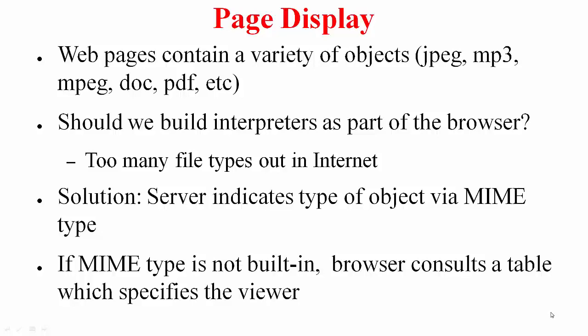So the way this is handled is that the server indicates the type of the object via the MIME type. This is the content type I was showing earlier. And if this particular type is not built in as part of the browser, it is going to consult a table which specifies which viewer should be used to display this particular content.